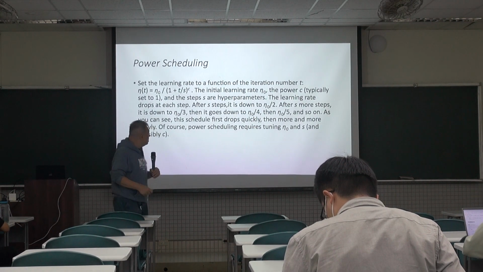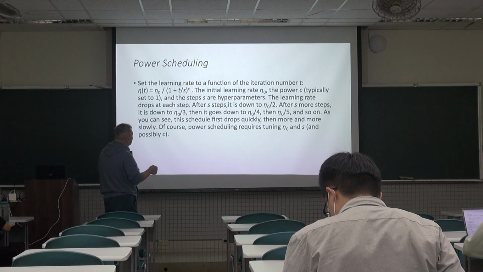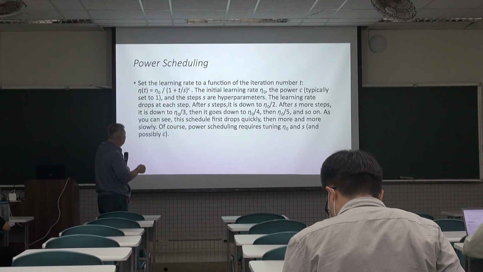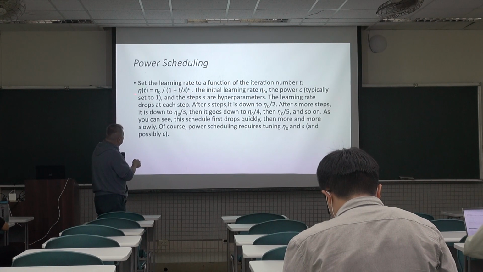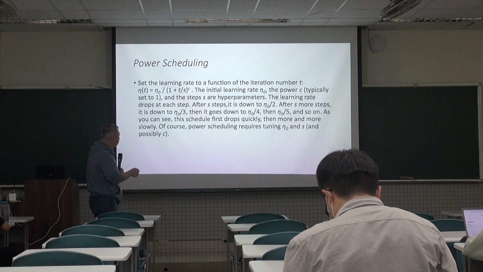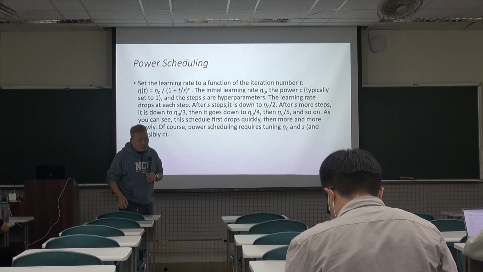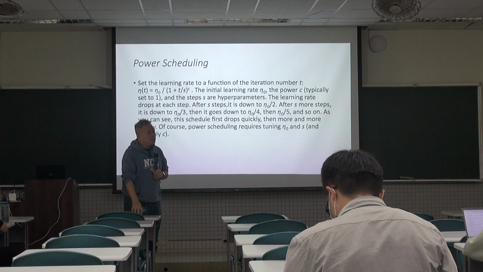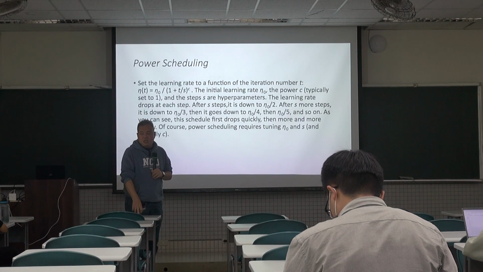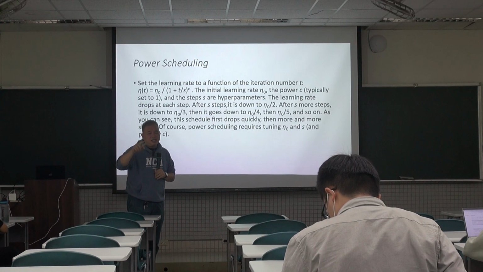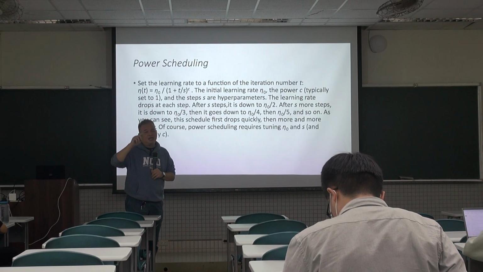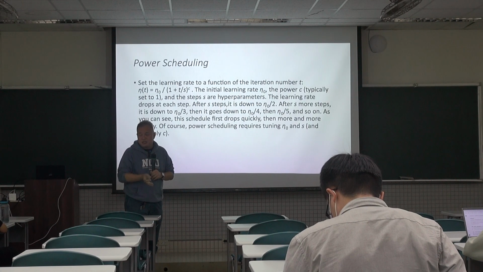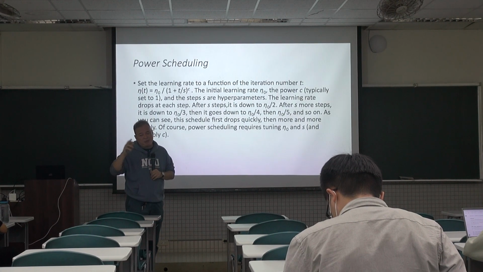So c is normally set to be 1, and we normally do not adjust this c. When c is 1, it basically means that at the very beginning the learning rate is eta 0. After s iterations, the learning rate is cut in half, eta 0 divided by 2.